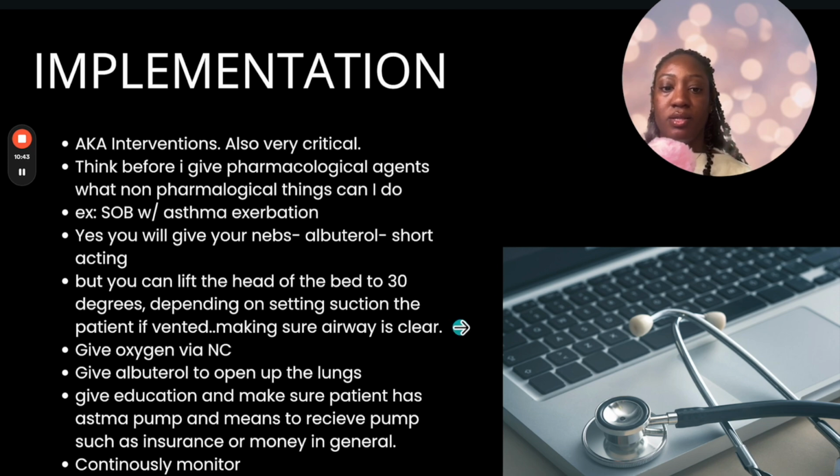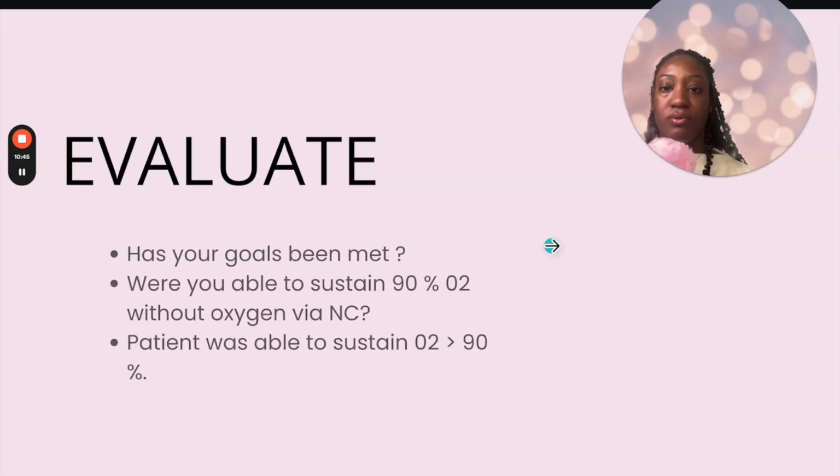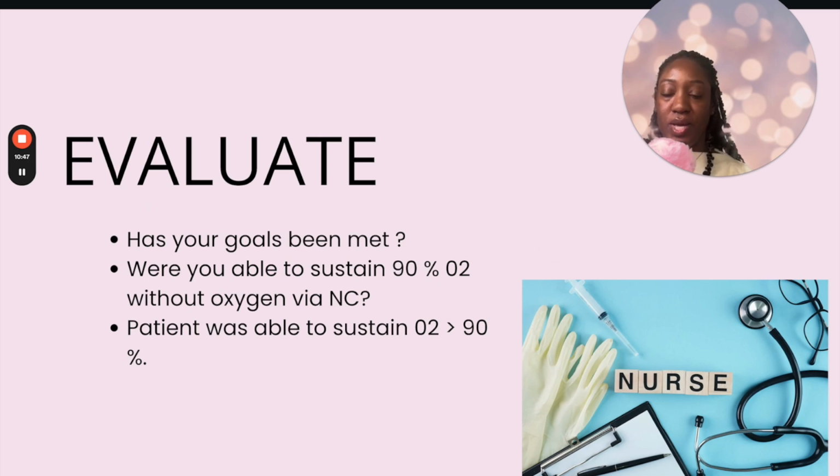Okay, let's see what's going on. All right. Evaluate. Has your goal been met? Was your patient able to sustain an oxygen level above 90% without oxygen via nasal cannula? That is how you see if your goal was met.